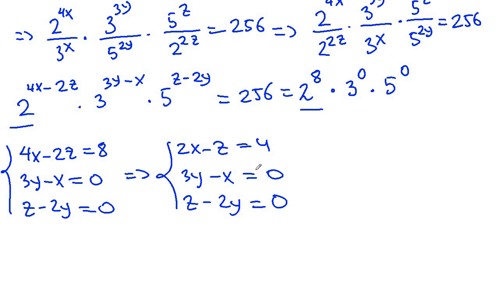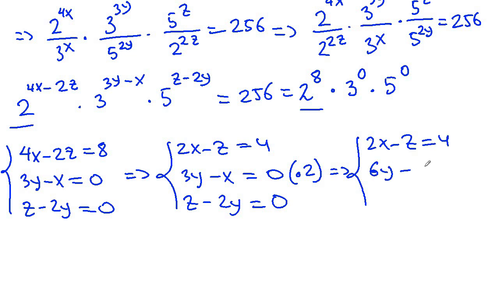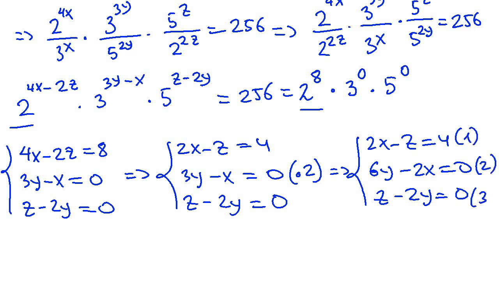Let me now multiply the second equation by 2, then I will get 2x minus z is equal to 4, 6y minus 2x is equal to 0, and z minus 2y is equal to 0. Let me label these equations: this is the first equation, this is the second equation, this is the third equation.